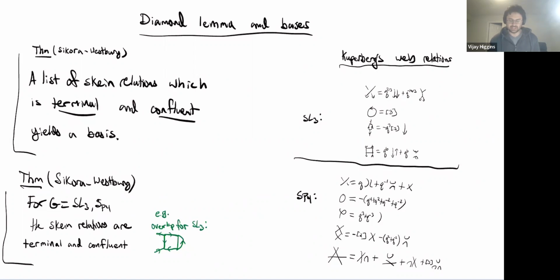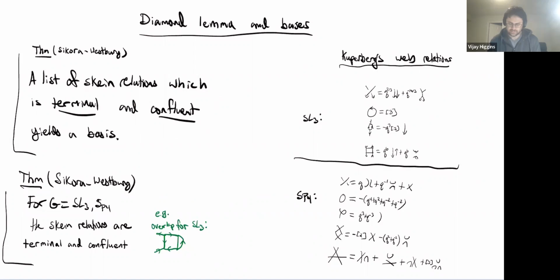And that means that if your skein relations are of a form where each skein relation simplifies, so it writes a complicated picture as a linear combination of simpler pictures, then you'll have a terminal list, and that will mean that your reducible diagrams span your skein algebra. And confluent is what you need to have your irreducible diagrams be linearly independent.